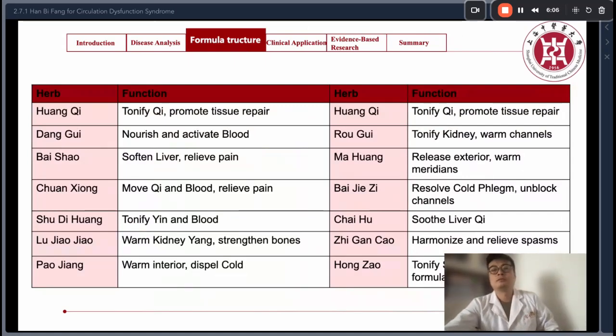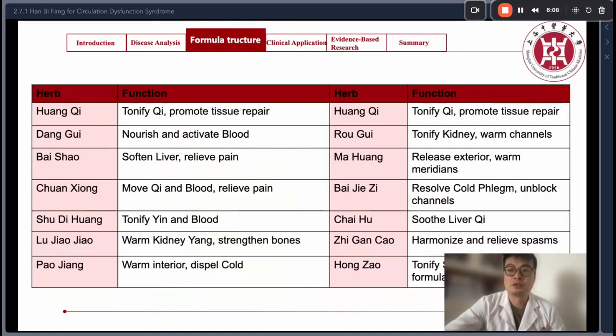Let's break down the treatment logic of the formula. First, warm to scatter cold. That's your 肉桂 and 泡姜. Second, tonify qi and blood to help tissue recovery and prevent re-injury. Third, nourish yang, especially in chronic or elderly cases.